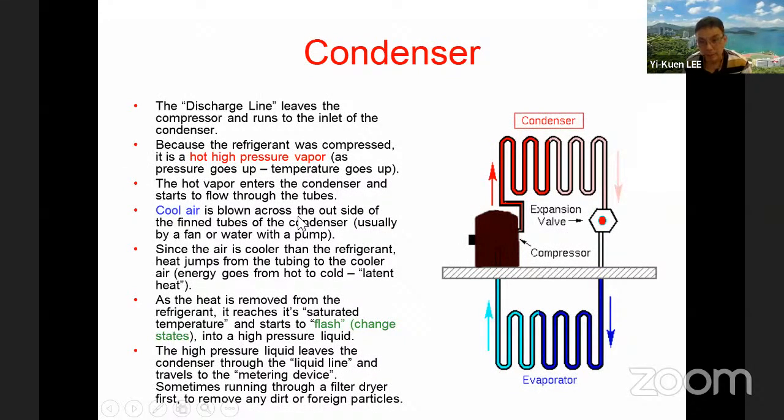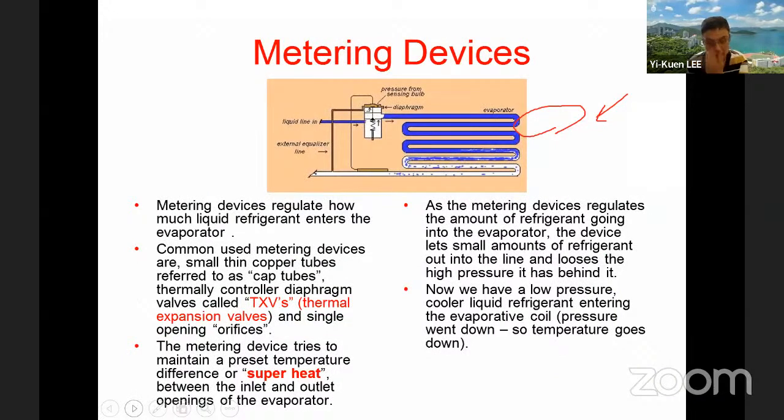The condenser is what? Basically condensation. We mentioned why this is a special key component. It causes some of the vapor to condense into liquid, right? And this is something quite important. And then another important component is what we call the metering device. What's this?